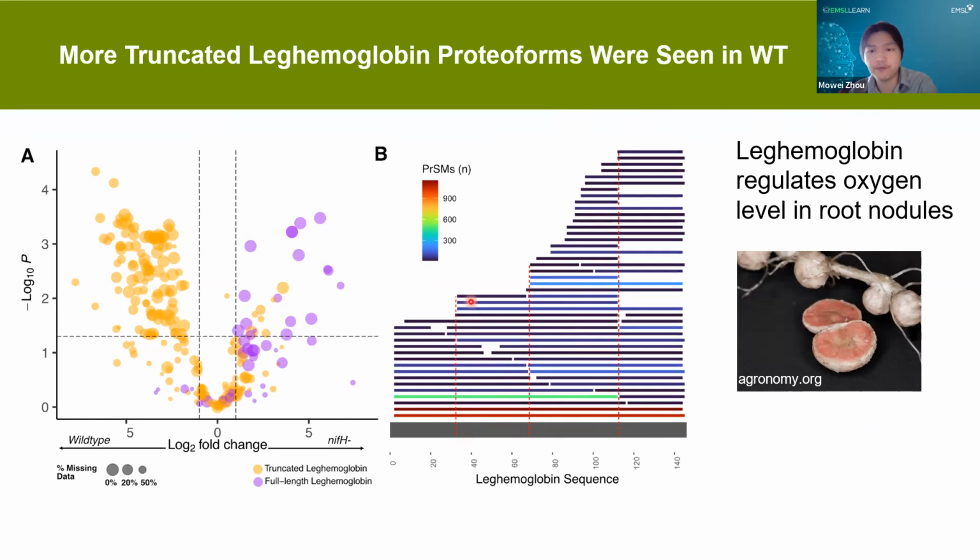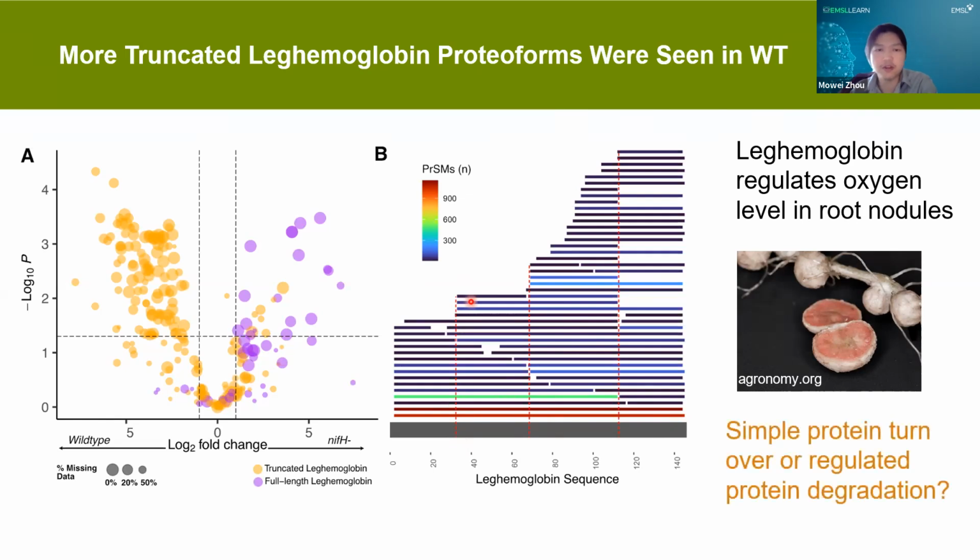truncated proteoforms. So we're still looking into some other data, like the bottom-up proteomics, and maybe even the metabolite data, to see if there's any correlation or clues to help us understand why we're seeing a lot more truncated proteoforms in the wild type.